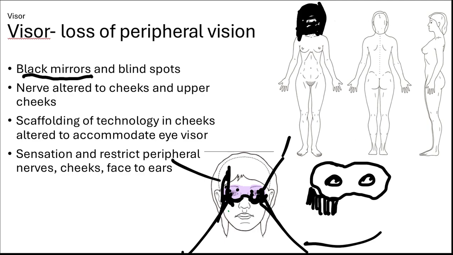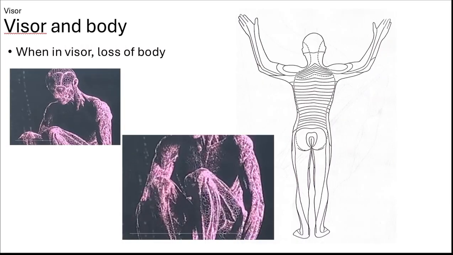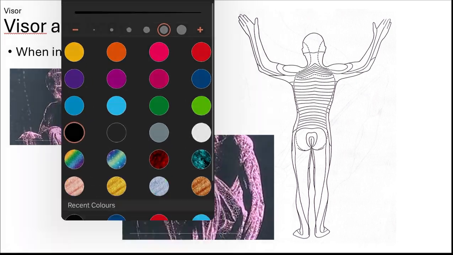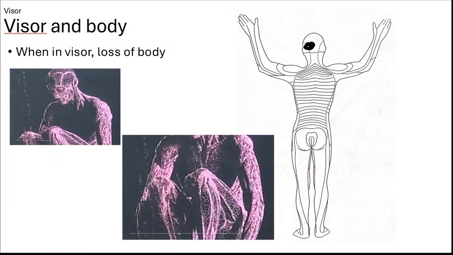The other one is that this has impacted the engagement with the body. So here is the visor and the body. When the visor is on, there's a loss of body. This is from the forward facing to have the visor on.